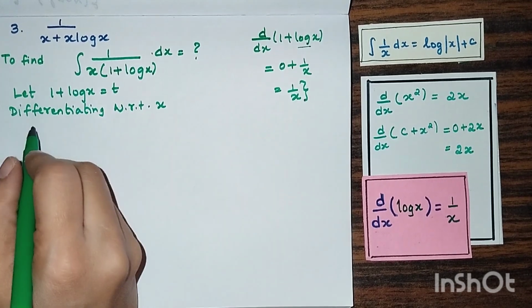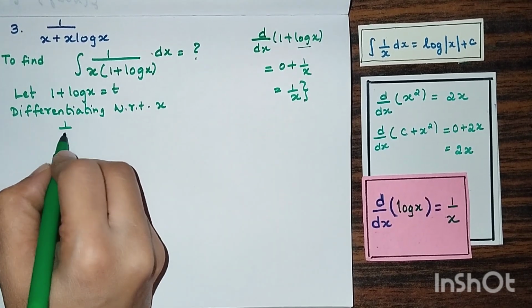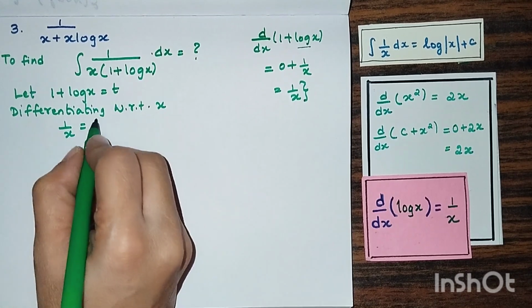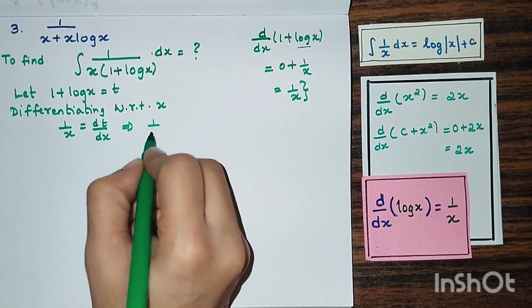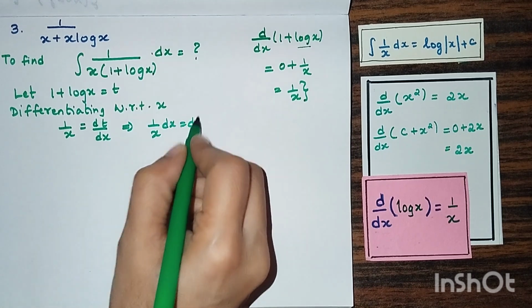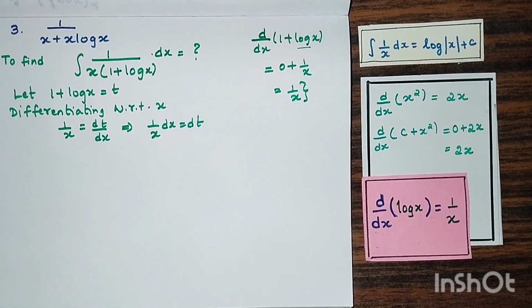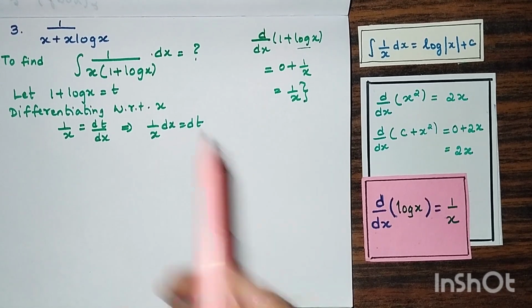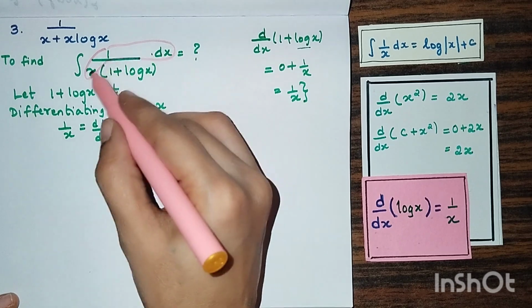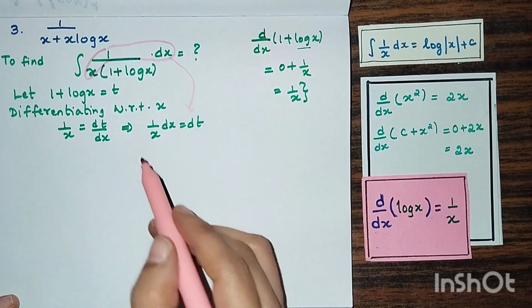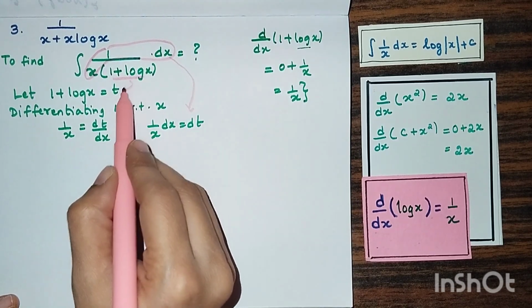So if you differentiate 1 plus log x, you will get 1 by x, differentiating t with respect to x, dt by dx. So this implies 1 by x dx is equal to dt. Now before moving ahead, just check whether all the x variables are replaced by t. So 1 by x dx is replaced by dt and 1 plus log x is replaced by t.